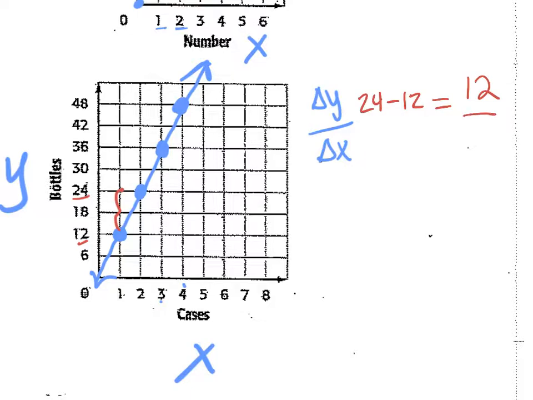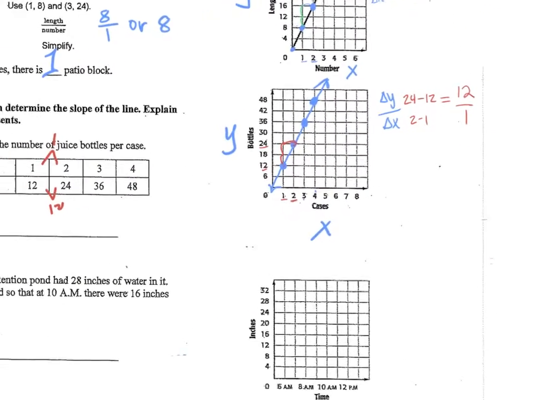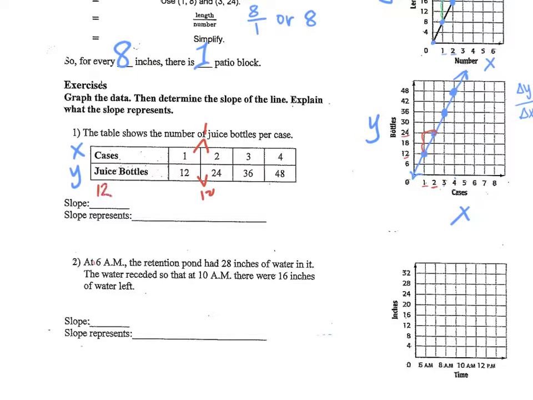Then our change in x went from 1 to 2, so 2 minus 1 is 1. You're just looking to see how much it changed. It went from 1 to 2. You're finding the difference. So that means my slope is 12 over 1, or 12.